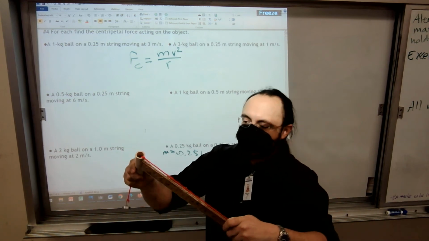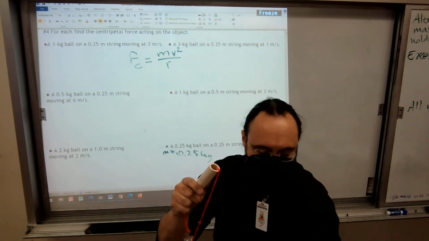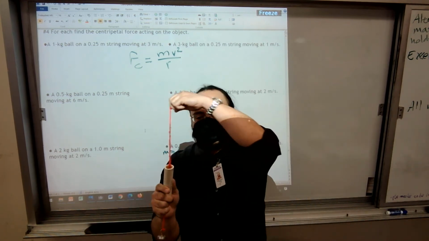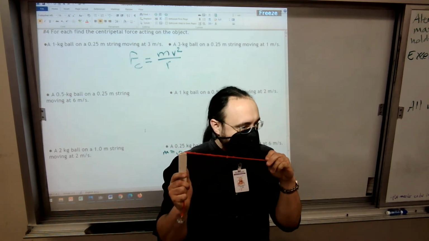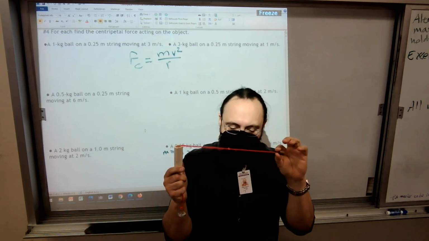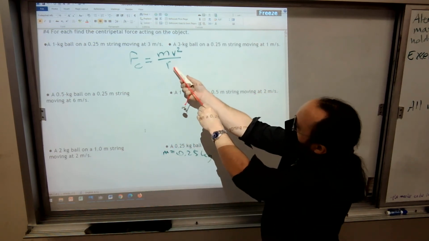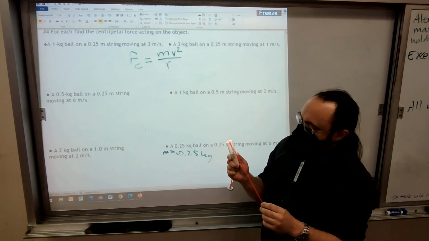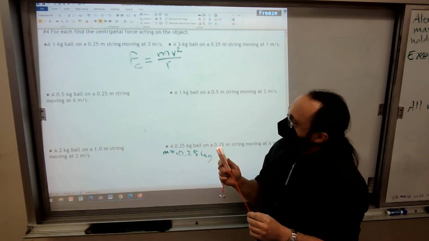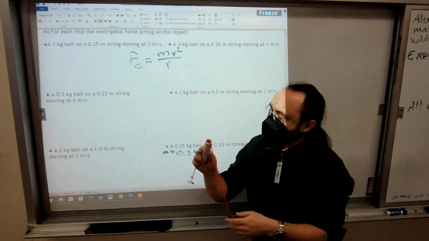This is the radius of the circle, because this thing moves all around the circle, right? The length of the string is only halfway across the circle, which makes it the radius. So if that's 30 centimeters long, my R would be 0.3 meters.